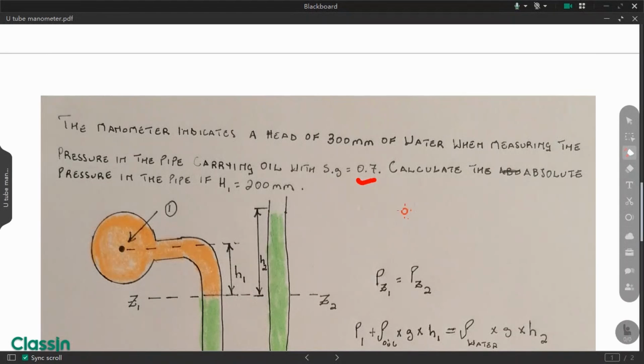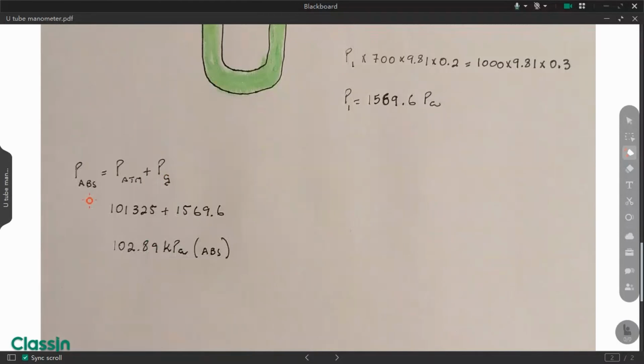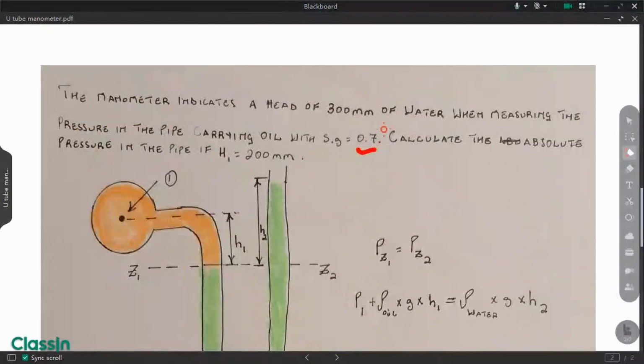I have earlier videos which talk about specific gravity. So we are asked to calculate the absolute pressure. What is the absolute pressure? Absolute pressure is equal to atmospheric pressure plus the gauge pressure, right? So we are asked to calculate the absolute pressure in the pipeline if H1 is equal to 200 millimeters.